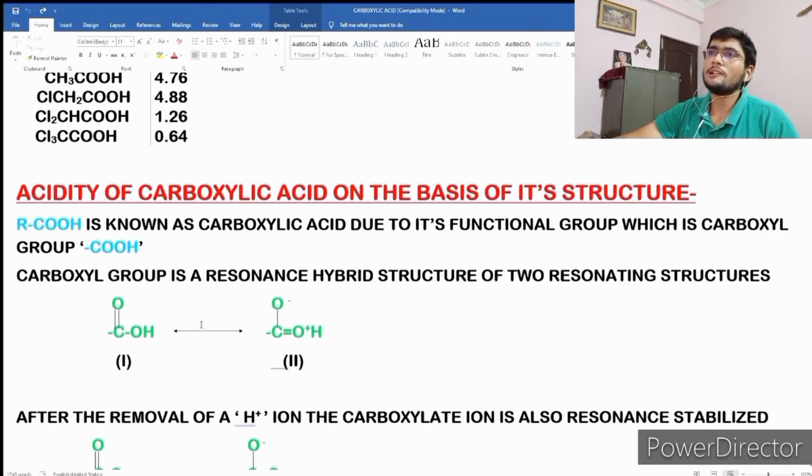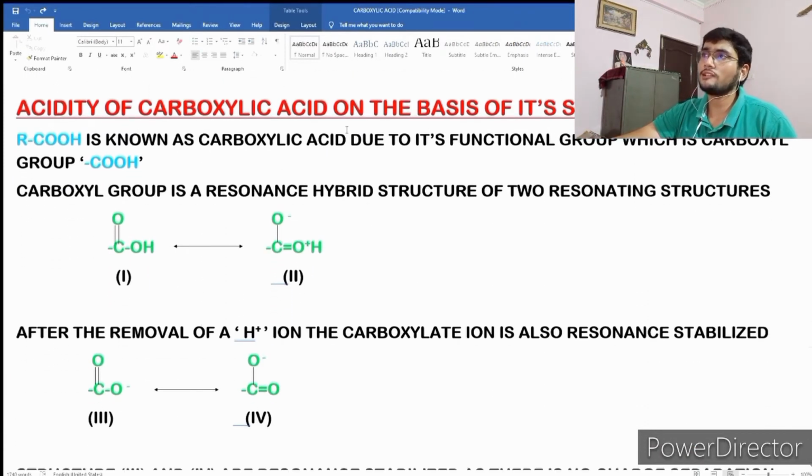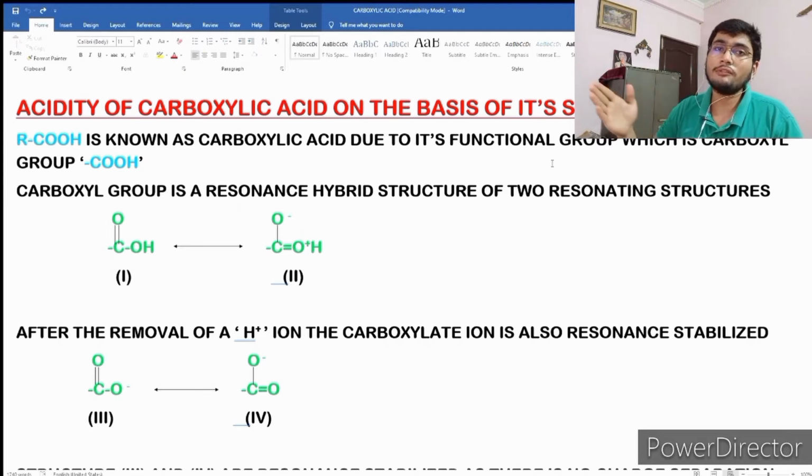Now let us see the acidity of carboxylic acid on the basis of its structure. We will study why carboxylic acid is acidic in nature, and we will study it through its structure. Before getting into that, let me tell you one point: when we check whether a compound is a strong acid or weak acid, there is a basic method. When we are talking about the acid, that means that we will remove H plus.